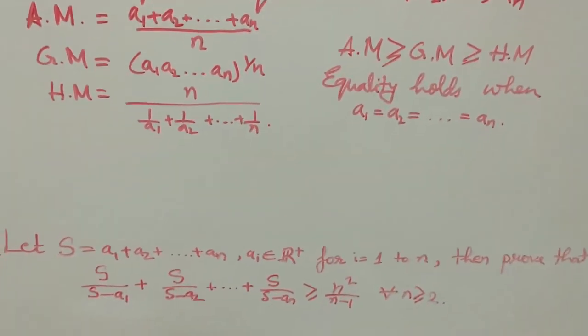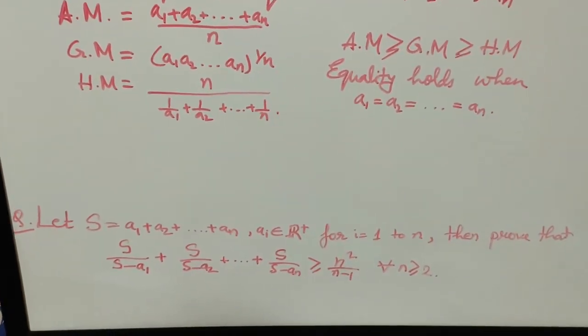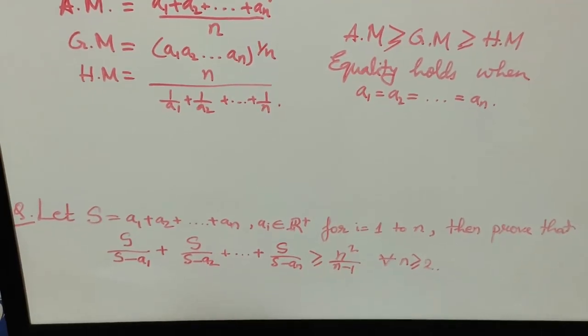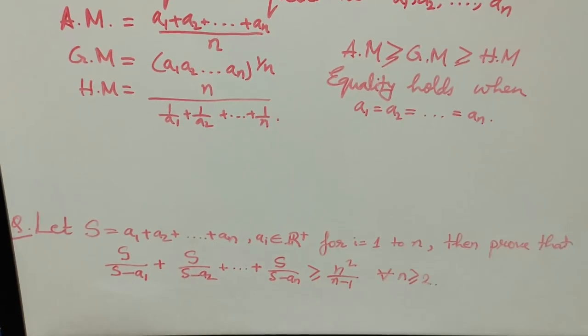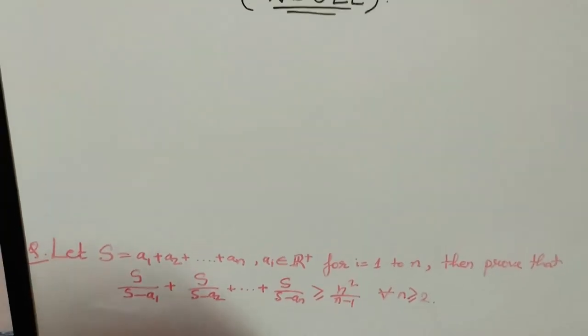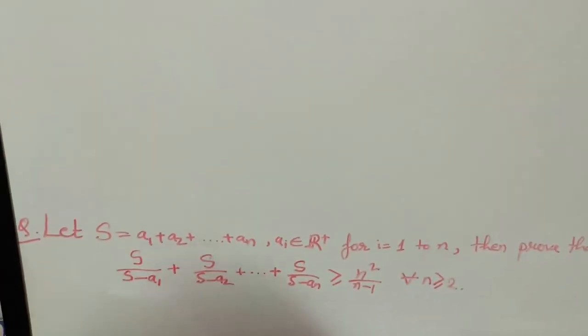So this question also looks a little scary, but no need to worry. This can be solved very easily using the AM-HM inequality. So we see what the AM-HM inequality in this case looks like.